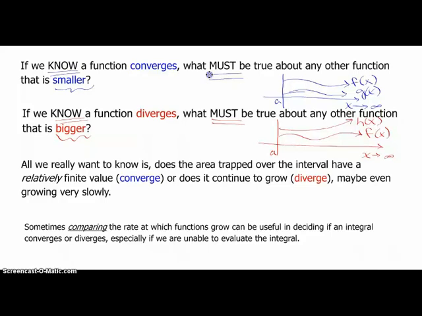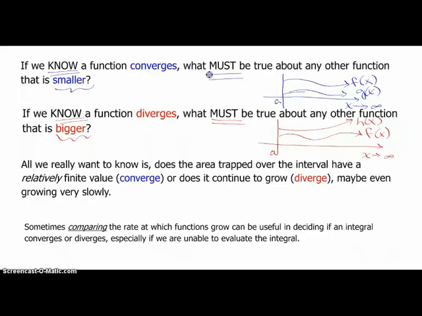So we really want to know a set of functions, or some shortcut for us to determine things about a function inside an integral that maybe we don't know how to integrate. If we could compare it with another function that we know how it behaves, that would be really handy. Comparing the rate at which functions grow, comparing where they are in the plane, is a handy way to determine whether the unbounded area converges or diverges. All we really want to know is, does the area trapped over the interval have a finite value?